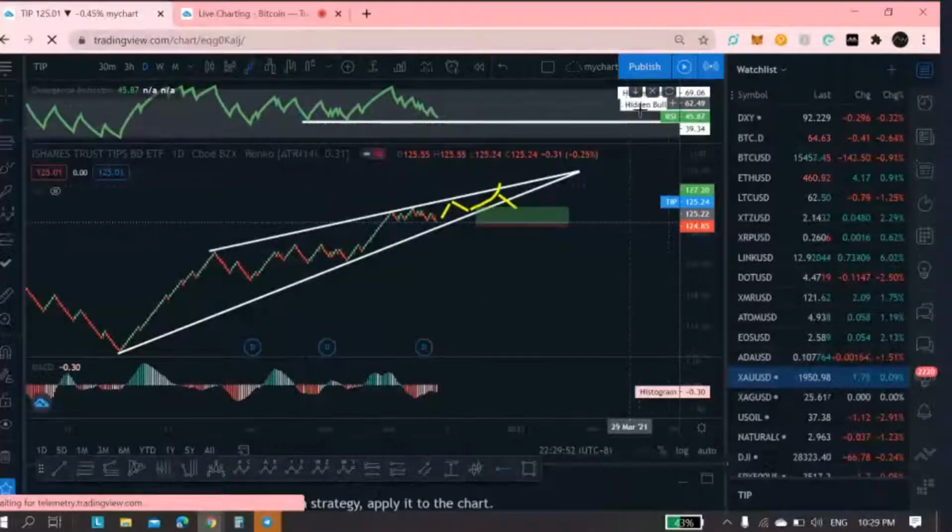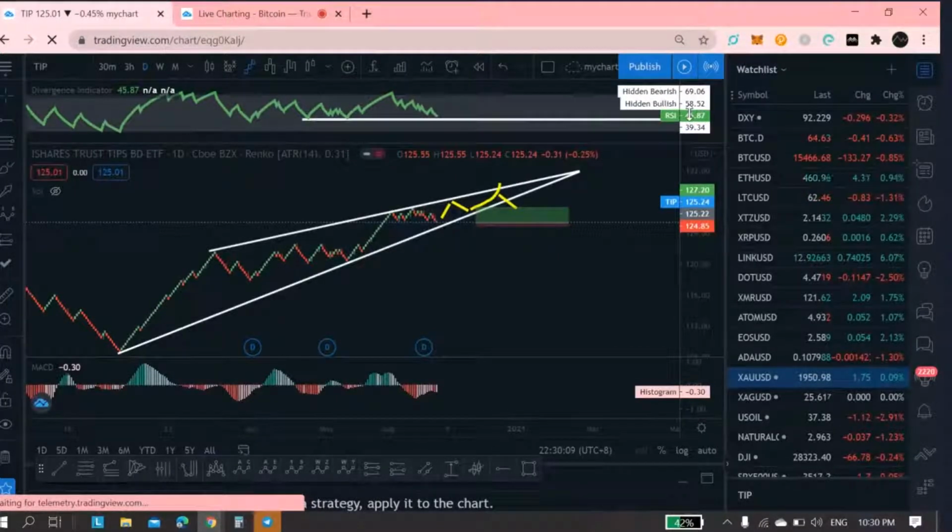And if you can see this one, the hidden bullish is at 58.52, the previous one. Currently the RSI is at 45.87. So yeah, I might possibly test buy.